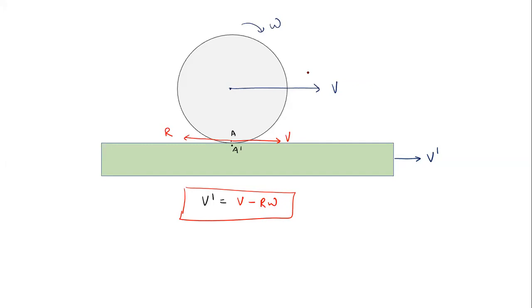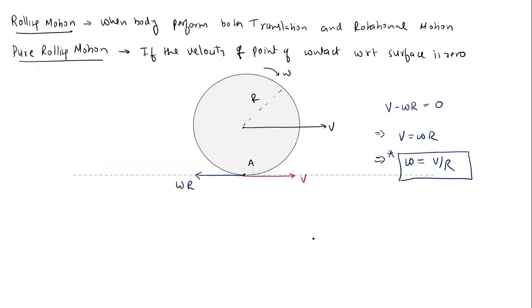If it is moving, then this is the expression for pure rolling, when the surface is moving with v dash velocity. And when the surface is stationary, then we have omega equal to v by r.